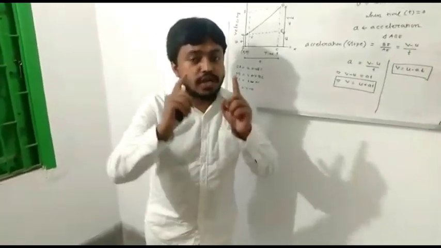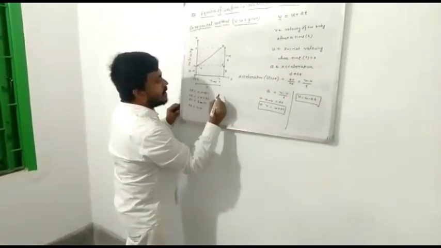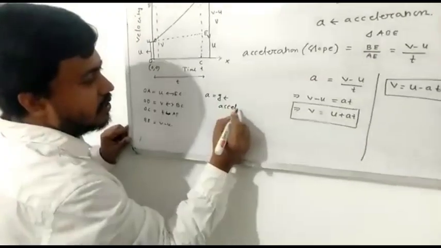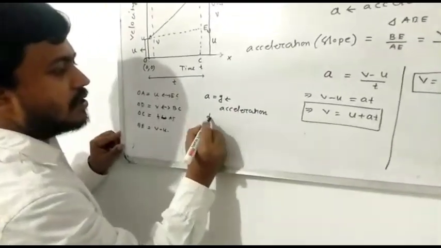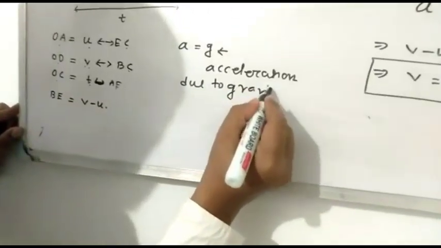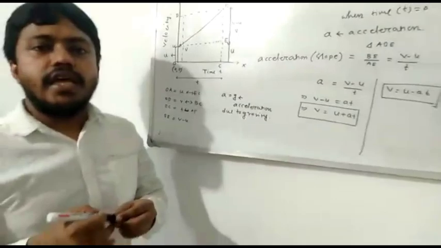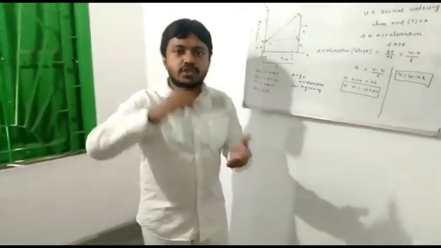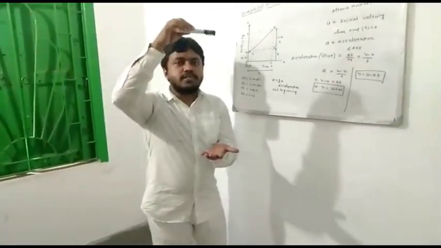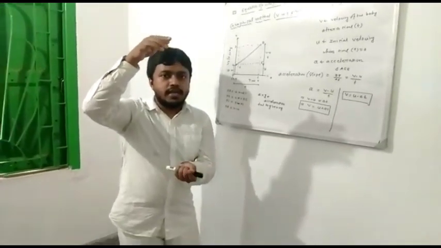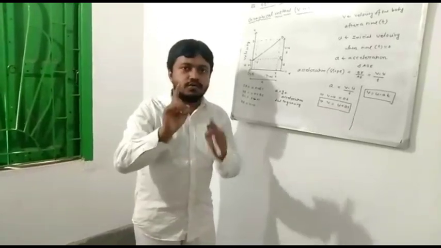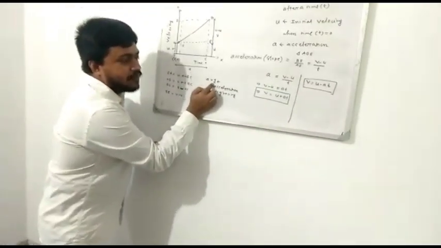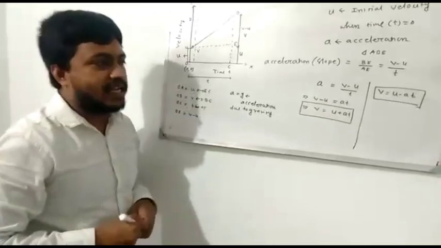If the motion occurs due to gravitational force, acceleration A is replaced by small g, and small g is called acceleration due to gravity.